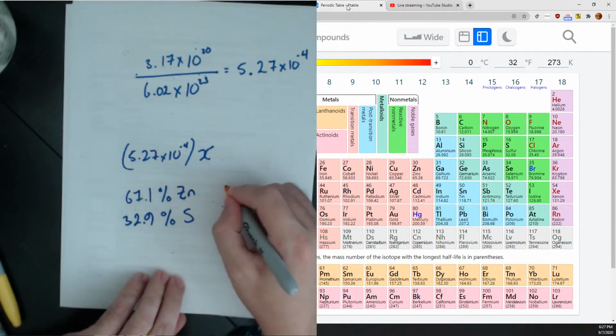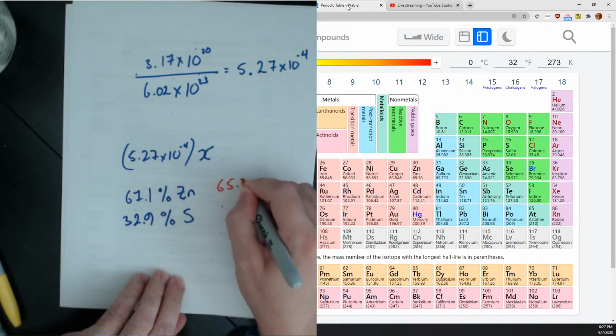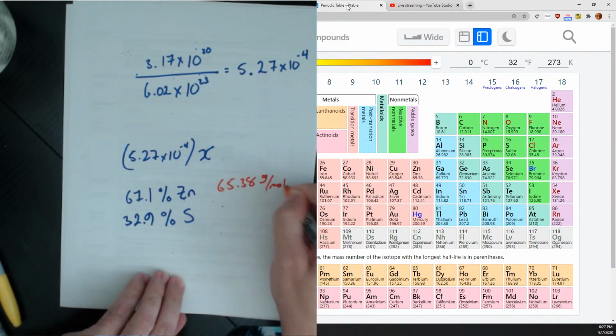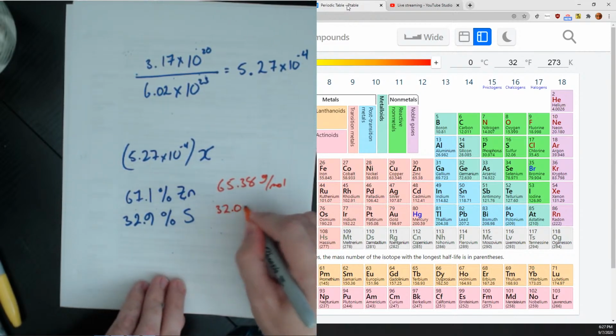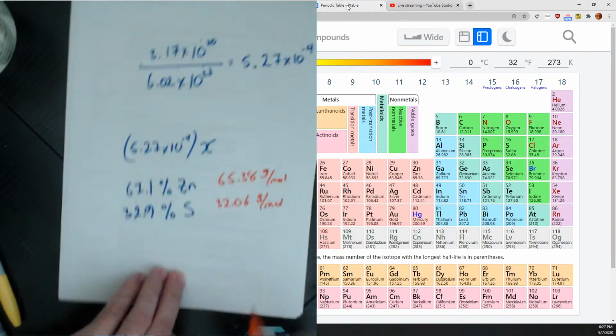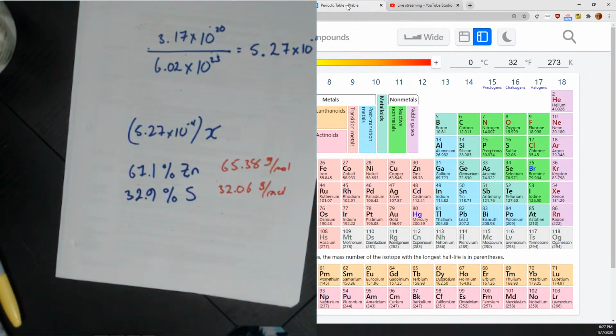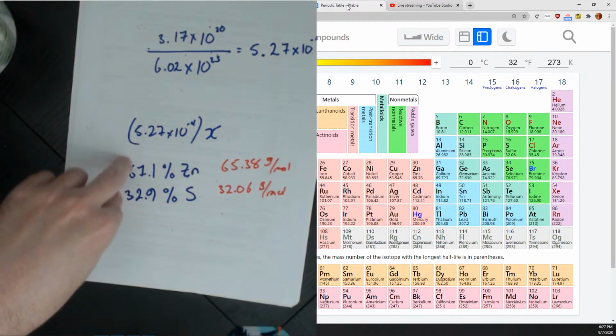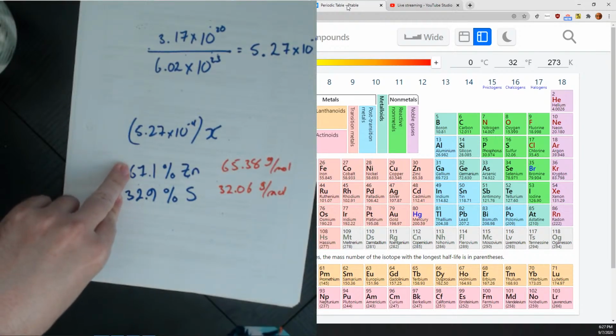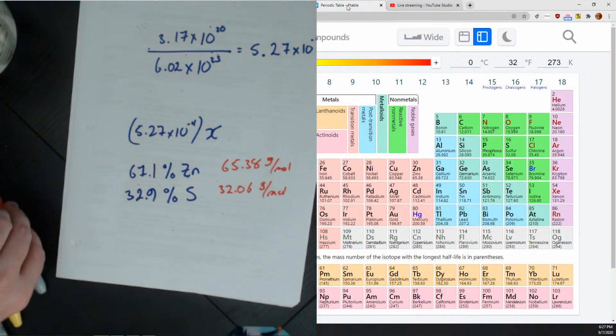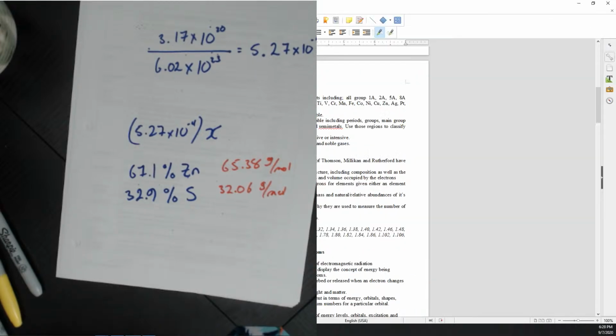Zinc is molar mass of 65.38 grams per mole, and sulfur is 32.06 grams per mole, which means that this bad boy is going to be a 1-to-1 ratio of zinc to sulfur. You don't really have to do much math beyond that. You see that their percentages correspond roughly to their molar masses. Whew, we neatly sidestepped the problem of doing some annoying math there. Huzzah! Cheers all around.